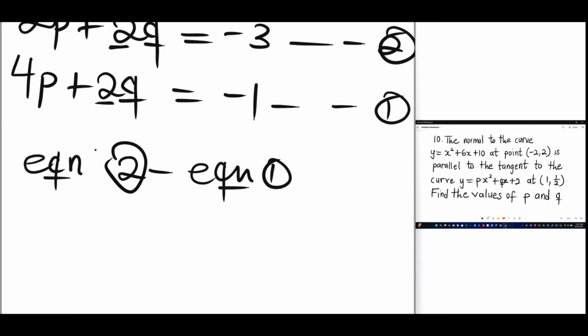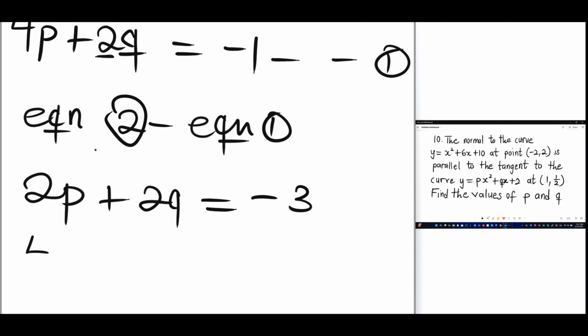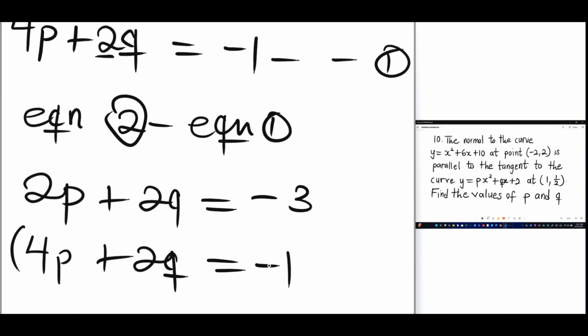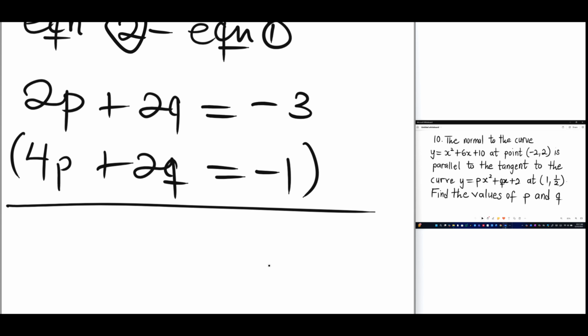So my equation 2 is 2p plus 2q equal to negative 3. Then minus equation 1, 4p plus 2q equal to negative 1. I'll put the second one in bracket and underline nicely. So we are subtracting the down one from the top.